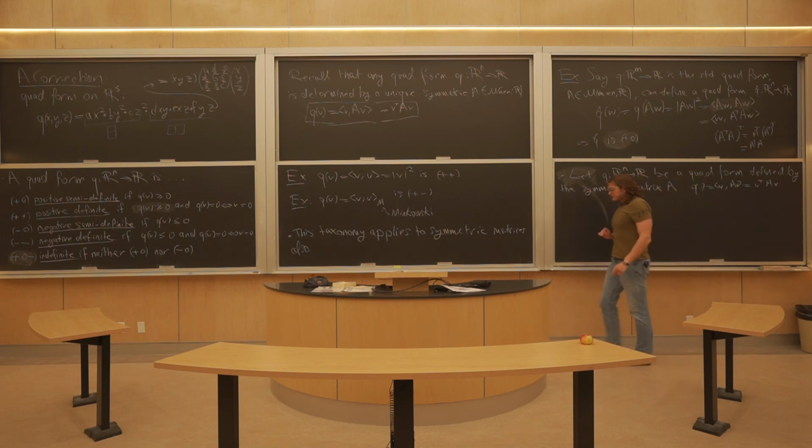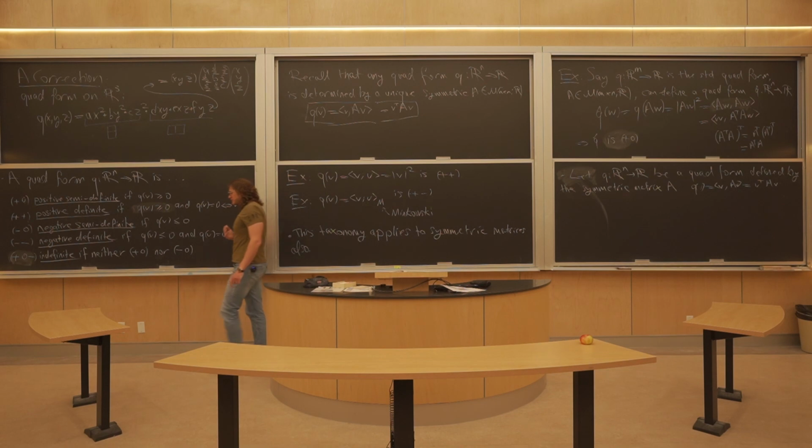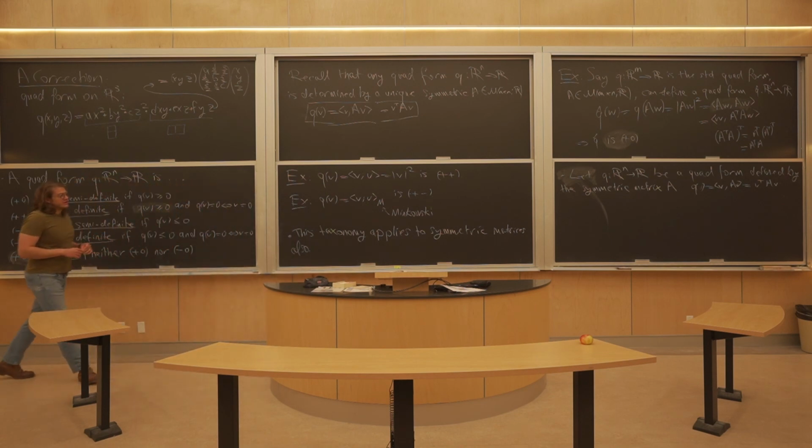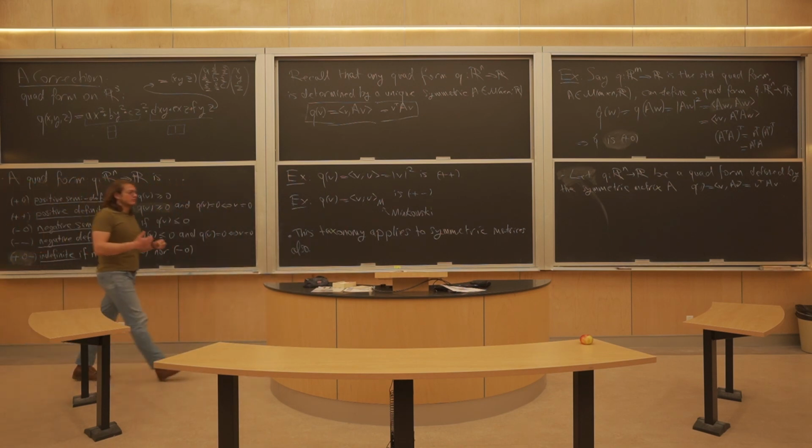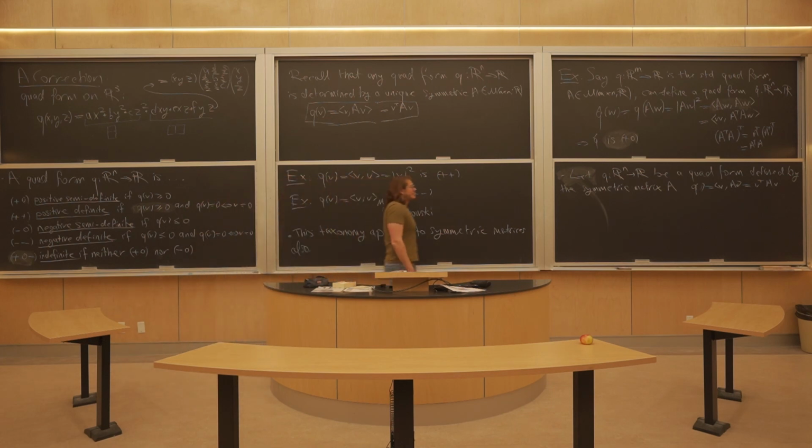Okay. Applying the spectral theorem to A, because spectral theorem says that any symmetric matrix can be orthogonally diagonalized. So up to some orthogonal coordinate change, A is a diagonal matrix.